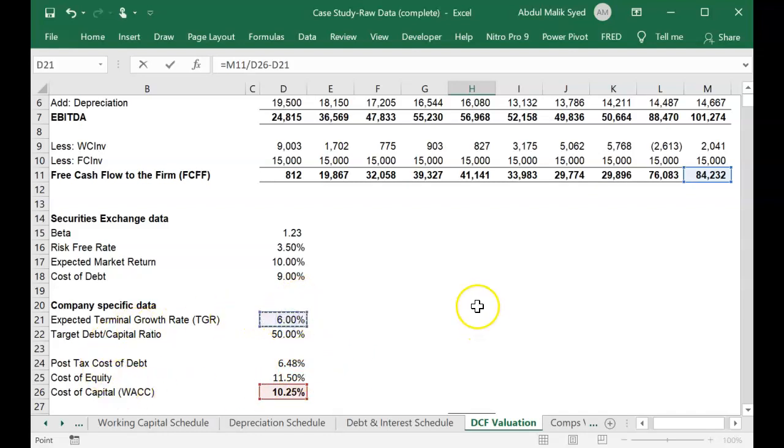This is the growth rate. In some cases you may also add 1 plus G, the expected growth rate.